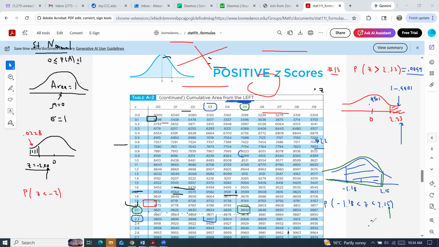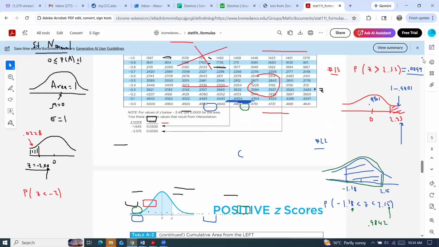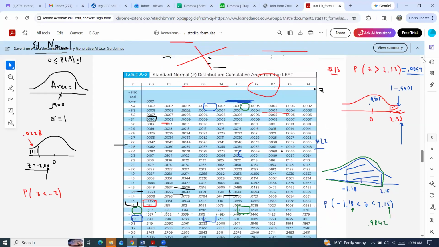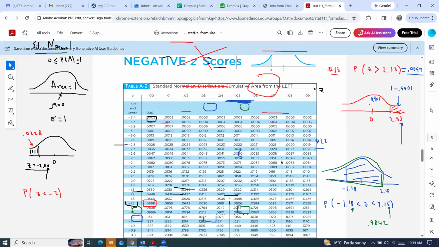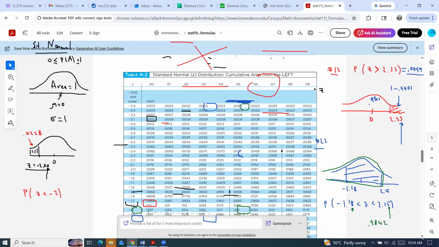Okay, I'll write it down. 0.9842, and then I'll need to use the tables again to be able to locate negative 1.18. Okay, so let me go up to negative page, negative z-scores, and I need negative 1.18. So let me scroll this.